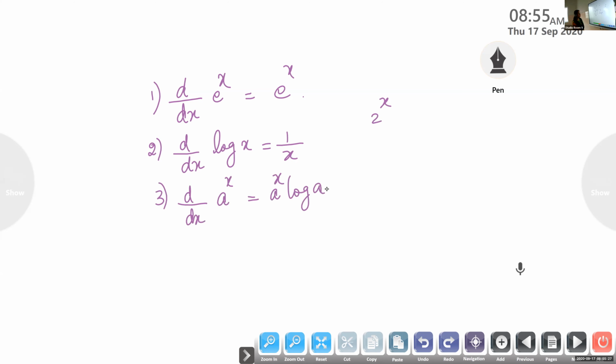So write these formulas along with your formulas. Note down these formulas separately. Derivative of e raised to x is e raised to x. Derivative of log x is 1 by x. Derivative of a raised to x is a raised to x into log a.